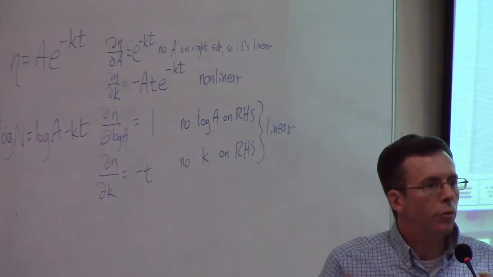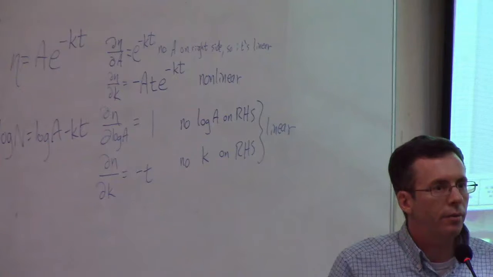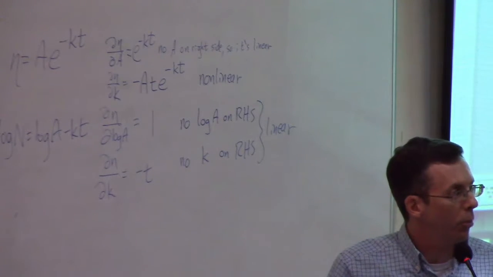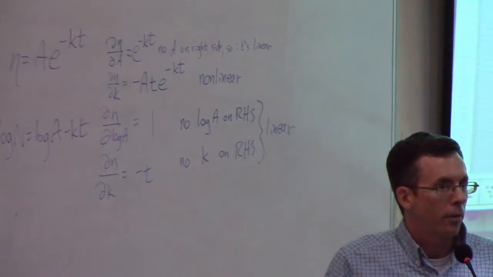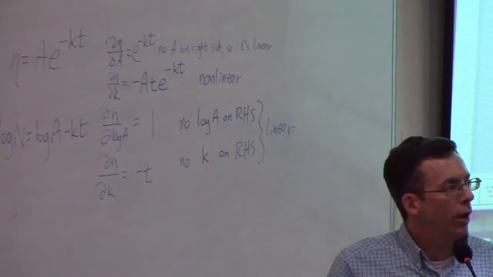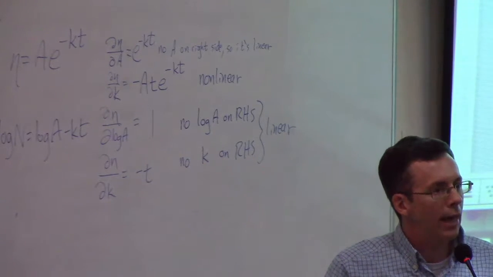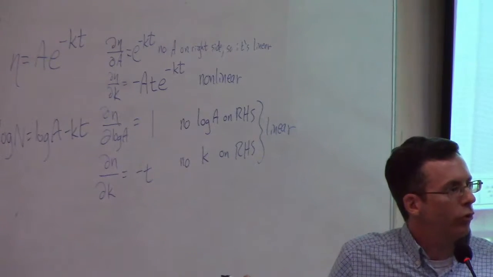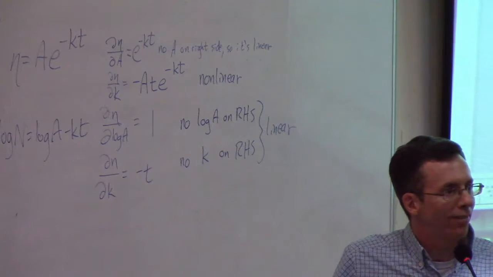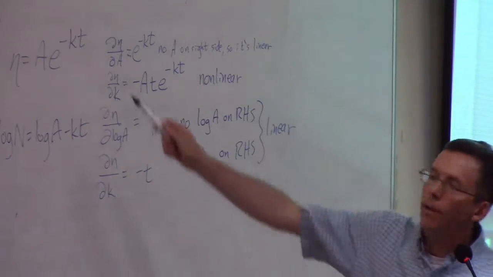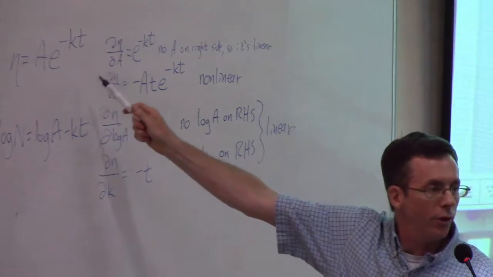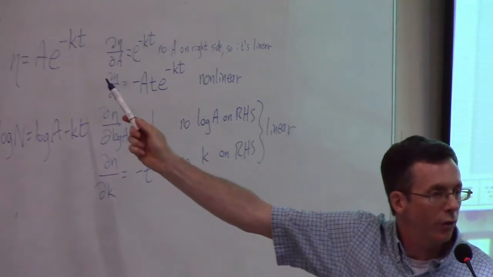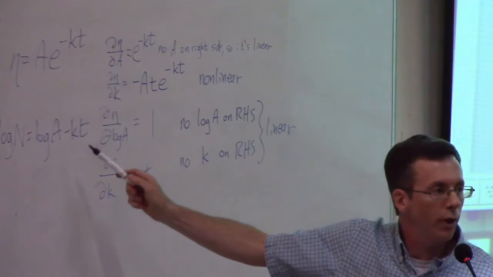In other words, the sensitivity coefficient is not a function of the parameters. So it's linear, and that means you don't have to guess at the beginning. This is why people linearize the model using a logarithmic transform. You see? So in this one, you have to use iteration. In this one, you don't have to use iteration.